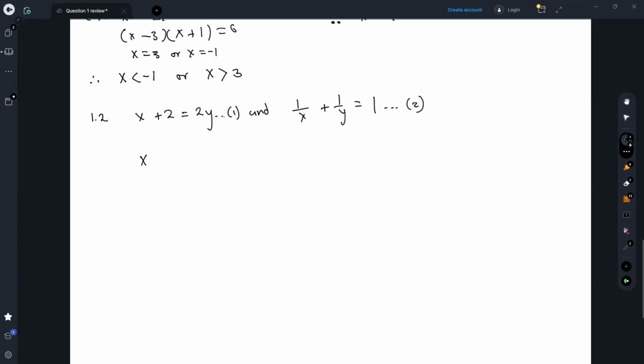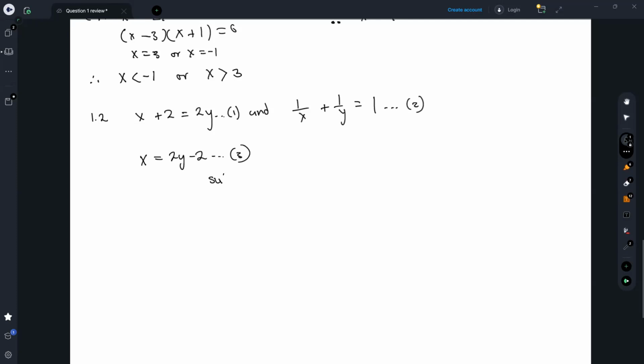So I'm going to have x is equal to, now I'm taking the 2 to that side, I'm going to have 2y minus 2, and I'm going to call this equation 3, right? So now we're going to substitute into equation 2, the equation that we did not touch, so that we have an equation that is in terms of one variable only, and we can deal with that variable.